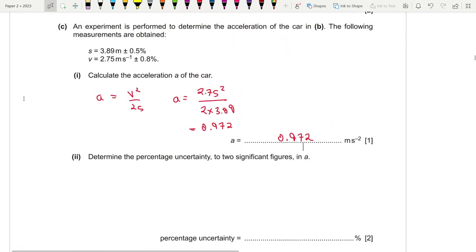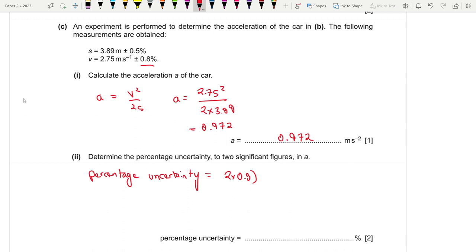Now determine the percentage uncertainty to 2SF in a. Fine, so the percentage uncertainty is basically, v is squared, right? So we have to consider v twice. It's basically v times v. So the percentage uncertainty of v is 0.8, so that's 2 times 0.8%.